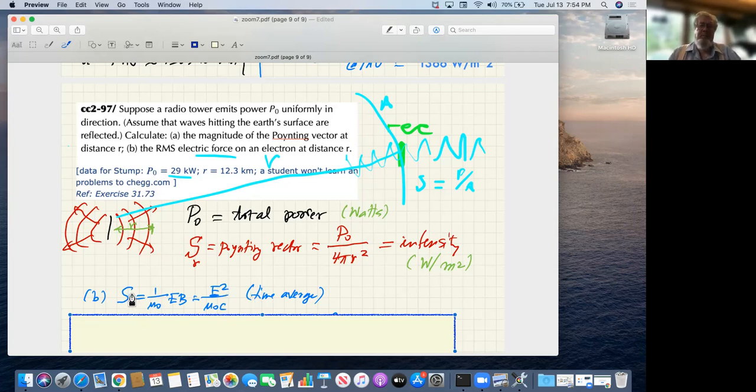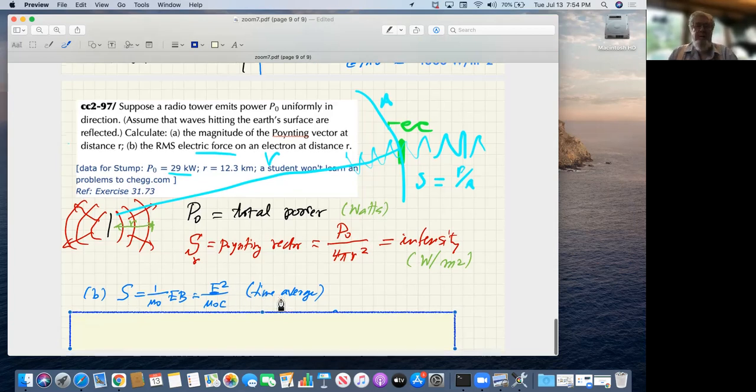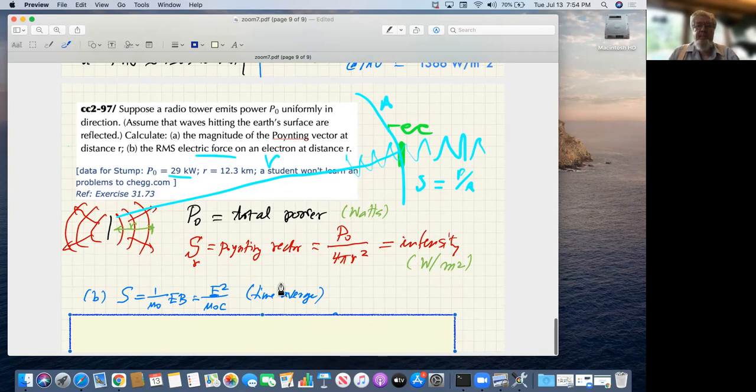And maybe we should take the time average. Probably ought to take the time average. This should be the time average of the total power. So I don't know, maybe you want to divide by 2. I probably didn't divide by 2 in making up the answer to the question. So anyway, I can solve for E.